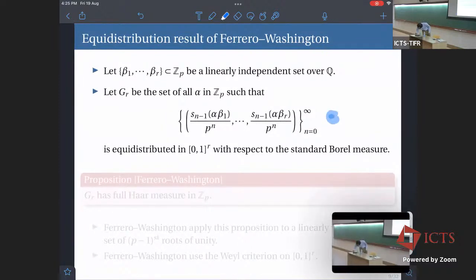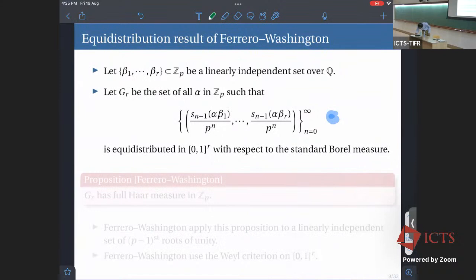So I have this r-tuple in [0,1]^r. So all these partial sums S_n minus 1 over p to the n, not of beta 1 but alpha beta 1, not of beta 2 but alpha beta 2, not of beta r but alpha beta r. I have all these tuples, and I'm letting n vary.